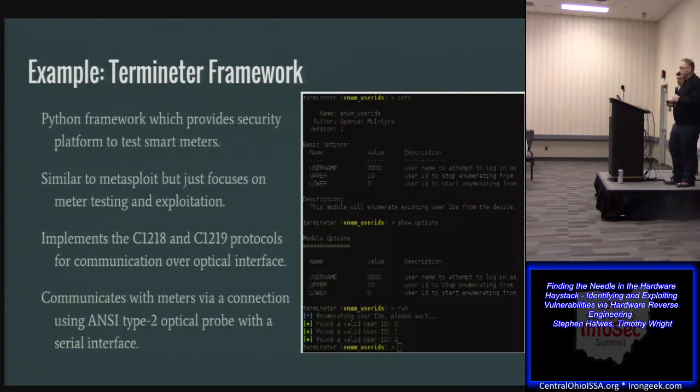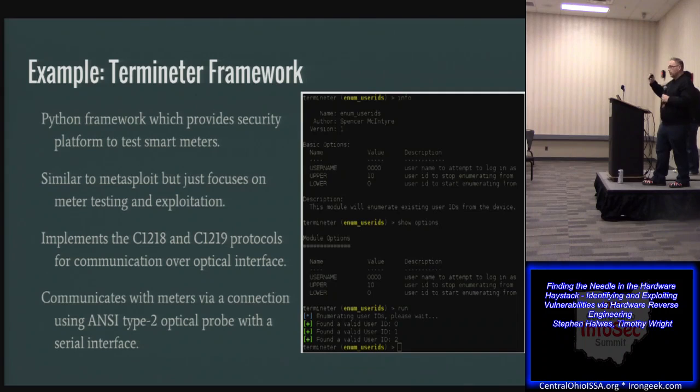So some examples of exploitation tools that you can use here is the Terminator framework. This framework was built to test smart meters, AMI networks, and it's just like Metasploit. If you've ever used the Metasploit interface, it's just the same, except this targets the meters.